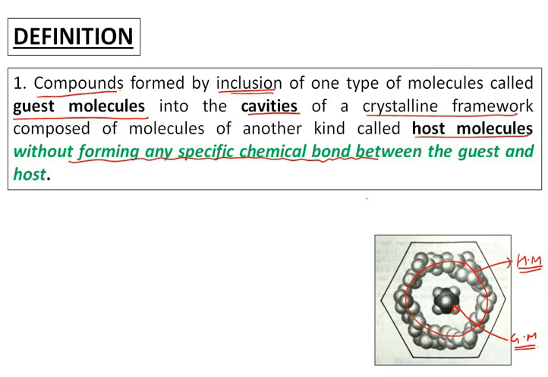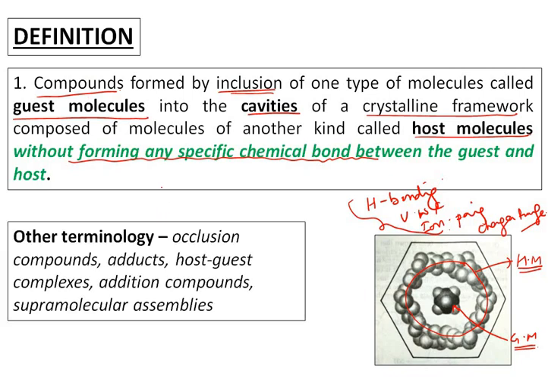Rather, the interactions I am talking about are hydrogen bonding, weak van der Waals forces of attraction, ion pairing, charge transfer, and so on. Such compounds are called inclusion compounds.